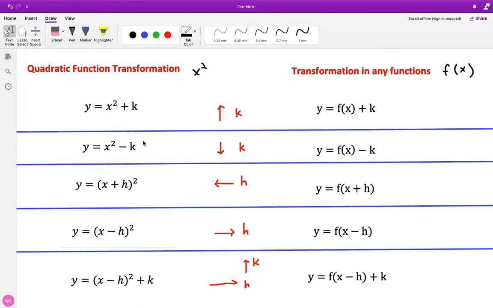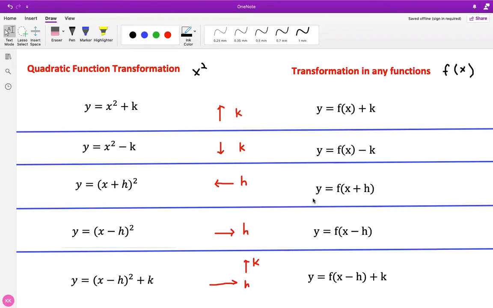Basically these transformations happen for any function, not only for quadratic functions. If we have f(x) here, I'm replacing it, and it also works for any function transformation. So I'm transforming the function k units upwards, k units downwards, right?